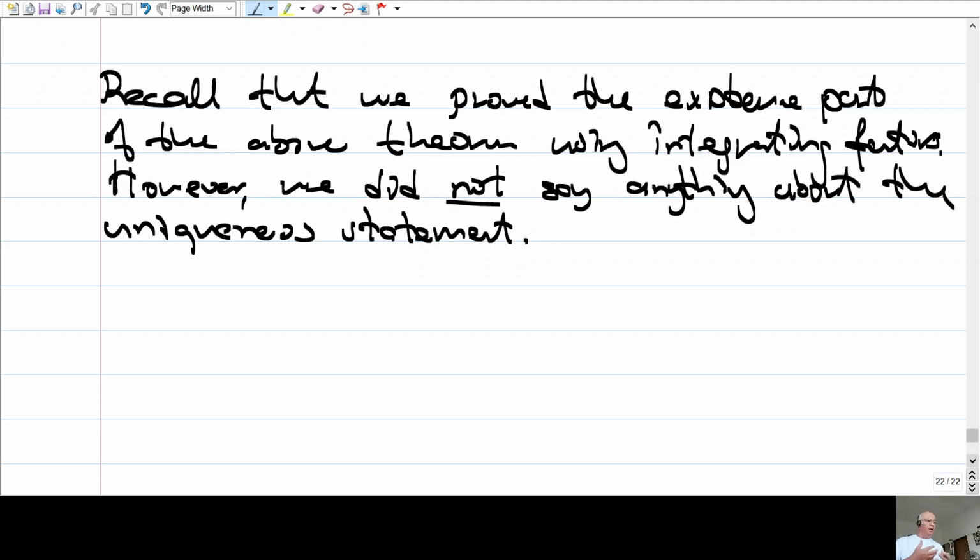They are governed by differential equations. The systems work according to differential equations. And if we didn't have the uniqueness part of this theorem, this would mean the following.